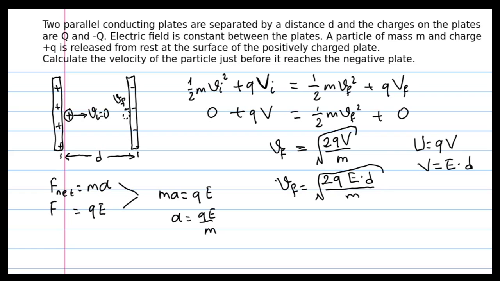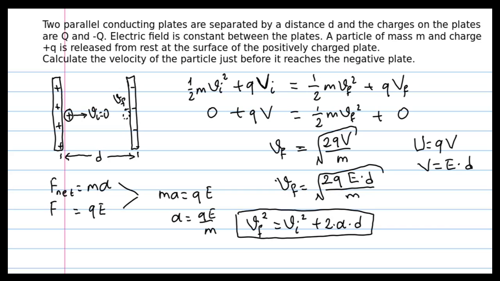Now remember, in velocity for a later time, we have a kinematic equation, v final squared equals v initial squared plus 2 times acceleration times distance. You can use this equation alternatively to answer the question.